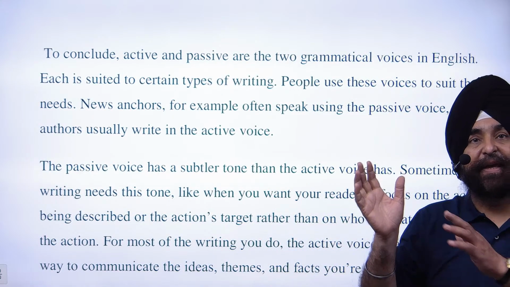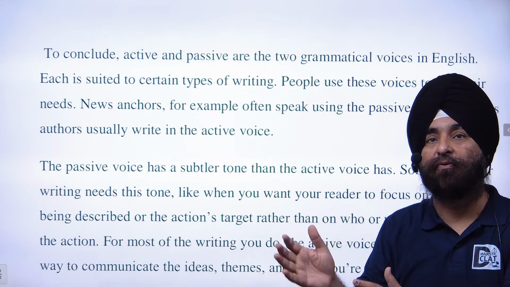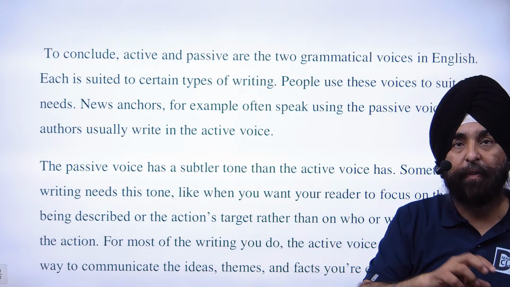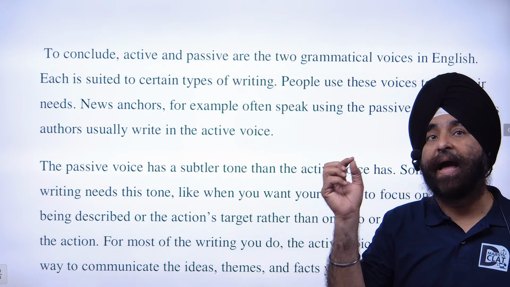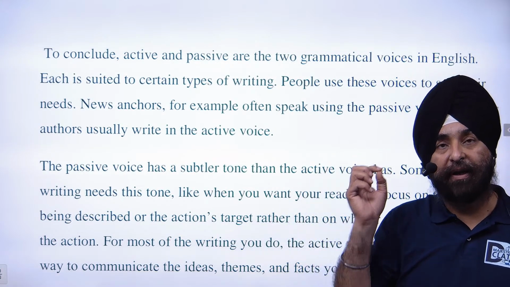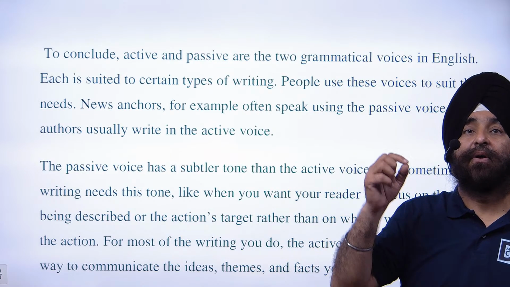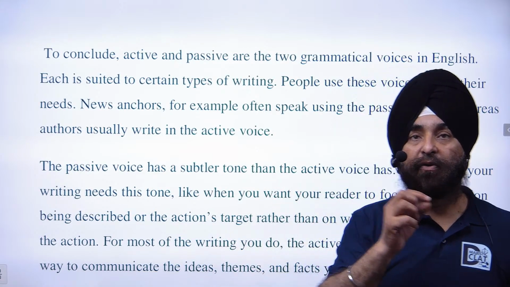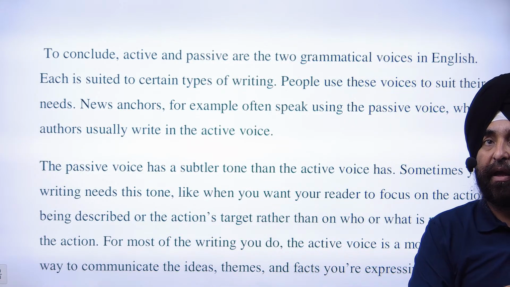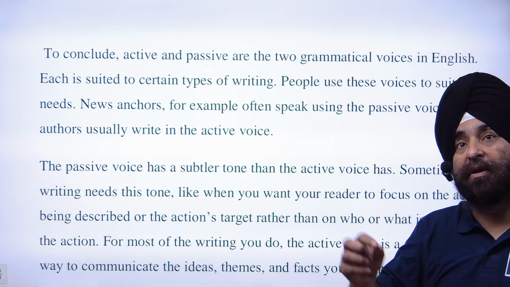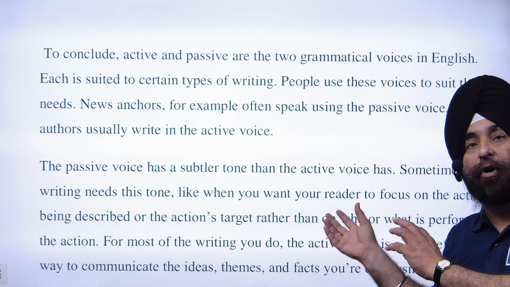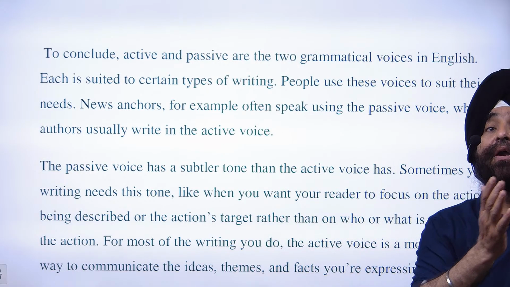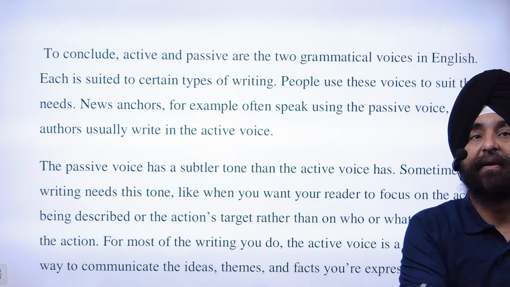Each is suited to different types of writing. When we are reading a paragraph, the use of active or passive voice indicates where the writer wishes to draw the attention of the reader, whether to the subject or to the target, and how he wants the reader to interpret the information he is giving.